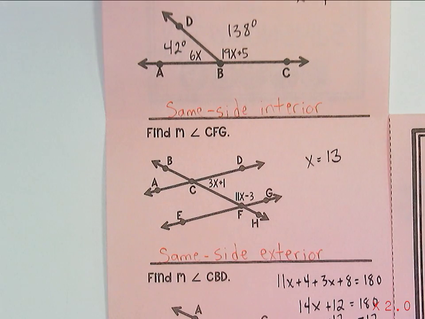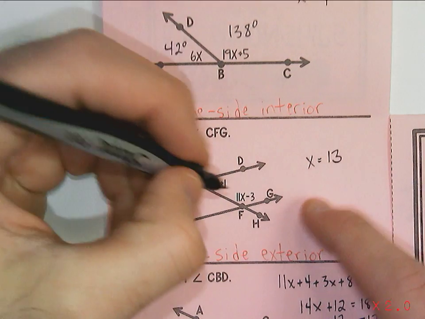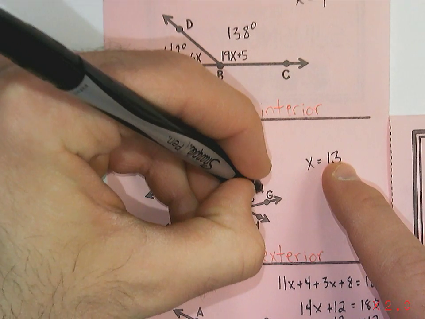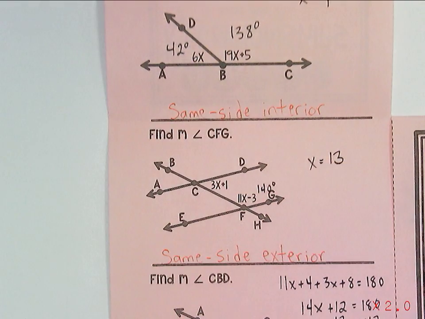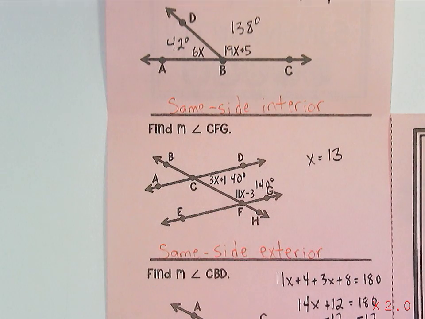And if we substitute 13 in for x, I should get 140 for this angle down here. And then 3 times 13 is 39. So that means plus 1 should be 40 degrees for that angle. Those add up to 180. If you got both of those, you're in business and good to go.